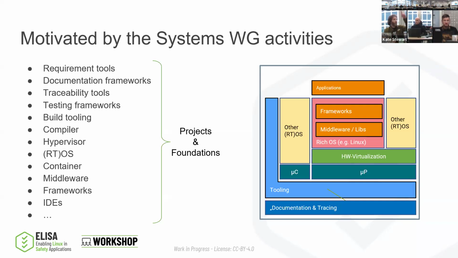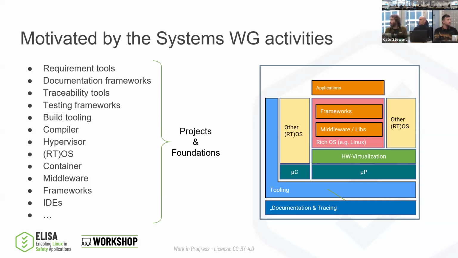And you see a gray frame around it, which indicates initiatives which target a lot of these fields and parts, because they don't get a direct allocation. And by this, I figured out we have requirements towards documentation, traceability, testing, build tooling, compiler, hypervisor, real-time and other operating system, container. Maybe you can even say that the hypervisor is in the OS.